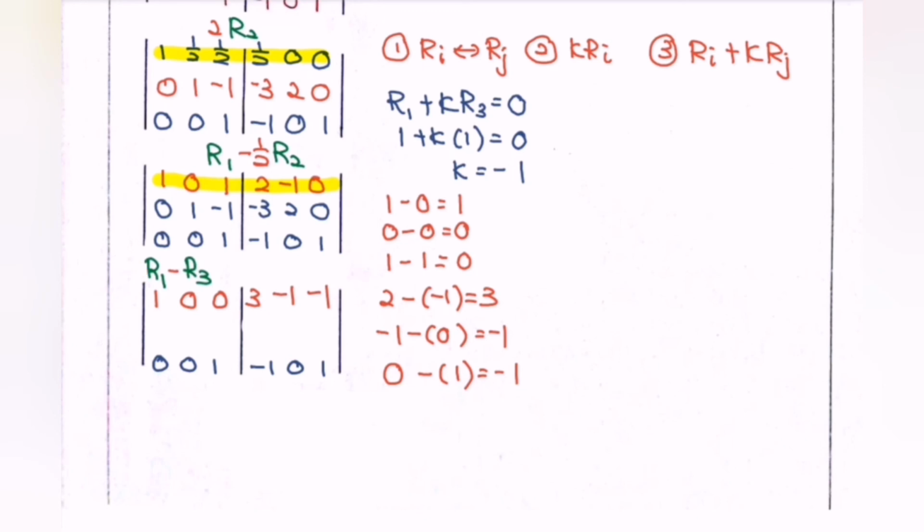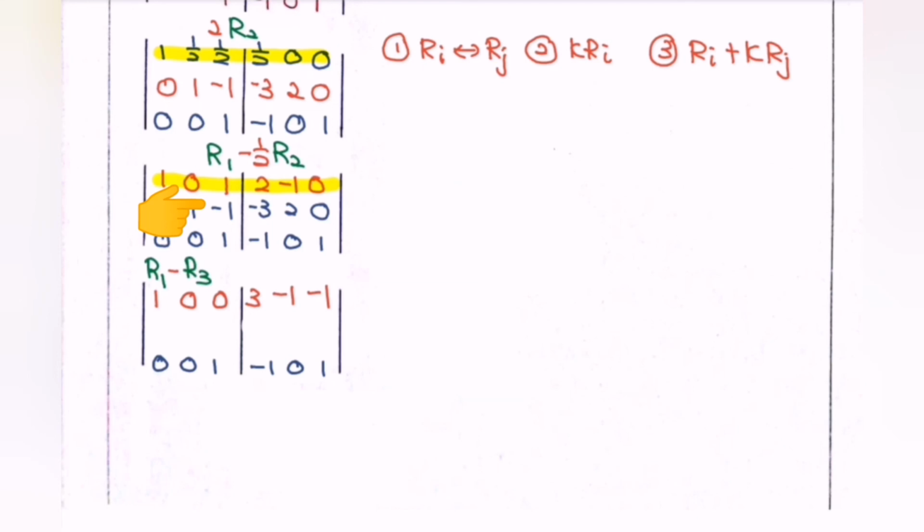Next is to focus on the second row, which is the element A23, negative 1. We have to make sure the negative 1 becomes 0. So kindly make use of operation number 3, which is row number 2 plus k. For the third column, we have to refer to the third row and make sure it becomes 0. So kindly substitute the situation where we have the second row for the third column is negative 1 plus k.